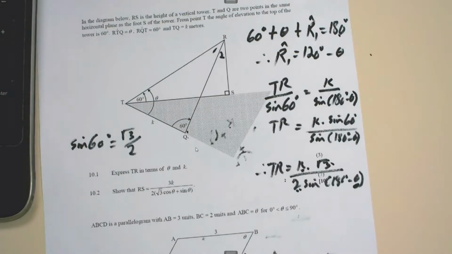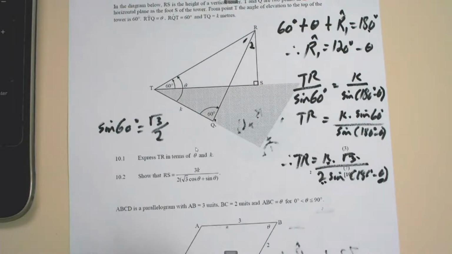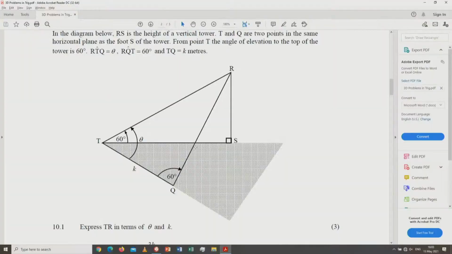Clear? Done. Answered. Let me read the question from here, where it's a bit clean. Remember, now we have TR equal to K multiplied by the square root of 3, all over 2 multiplied by the sine of 180 degrees minus theta.